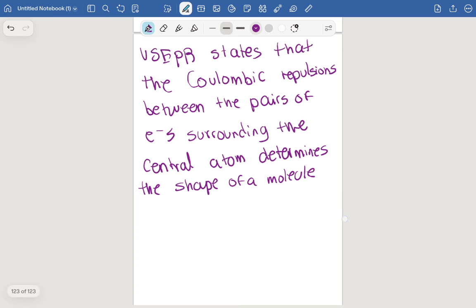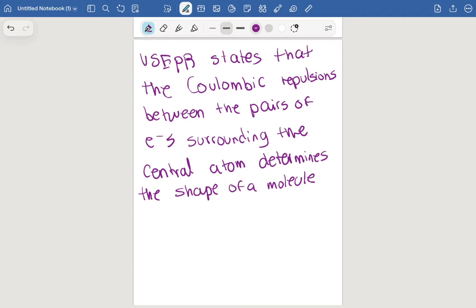Very important. Okay, so basically what we said here literally states the VSEPR theory.